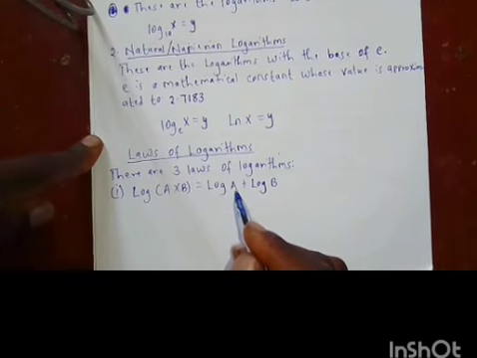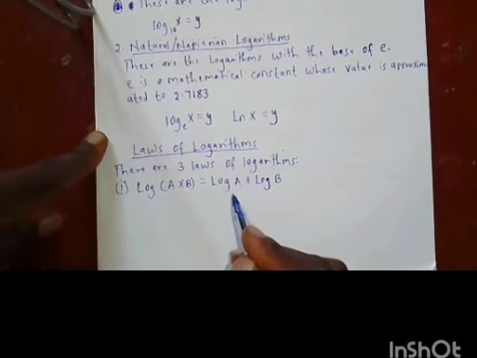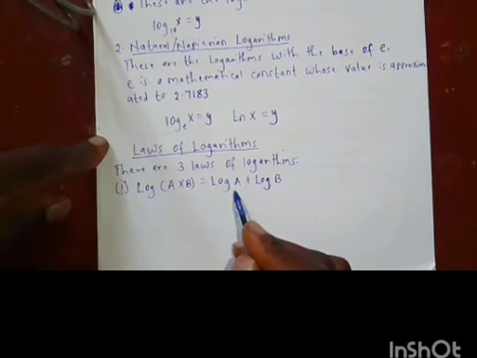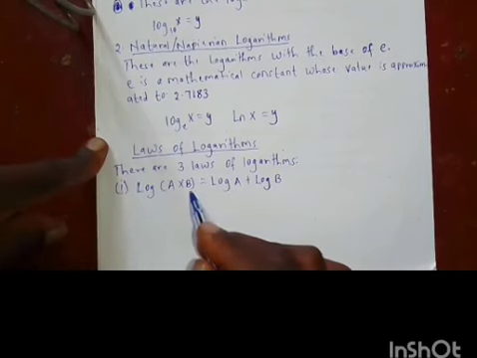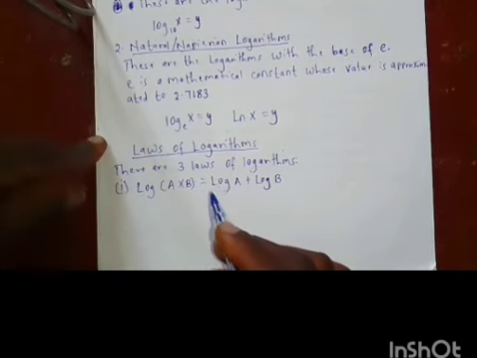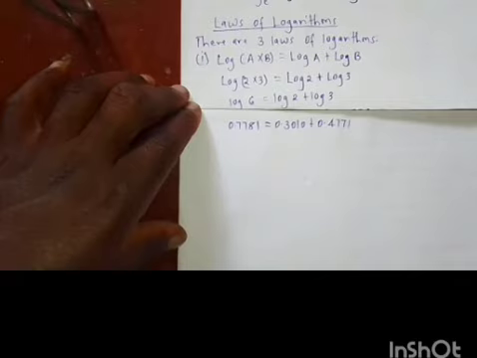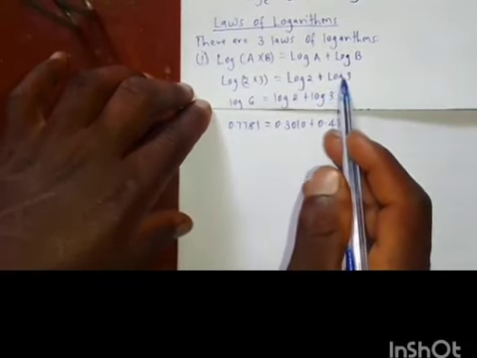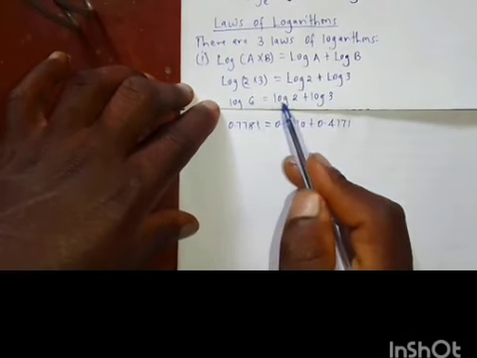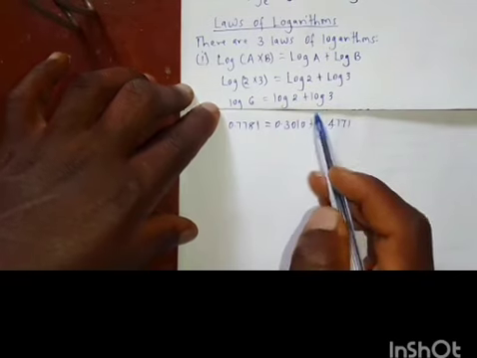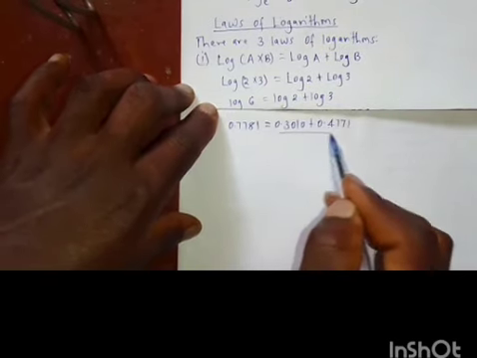Or we can say the other way around, that the sum of individual logarithms of two numbers or more equals the logarithm of the product of the numbers. For example, log of 2 times 3 is log of 2 plus log of 3. That's the log of 6 equals the log of 2 plus the log of 3.